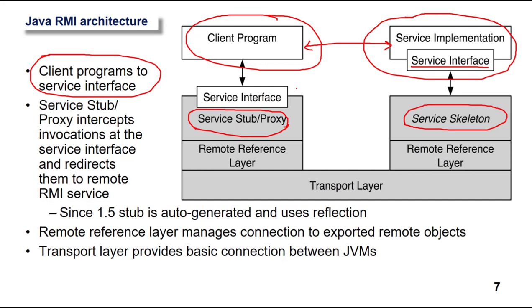So we make the method call here, then the stub packages the method call, and then the remote reference layer knows where to send the message over the internet. The remote reference layer knows where the service on the right-hand side is, its address, etc., and it knows how to send the message over the internet to the service.